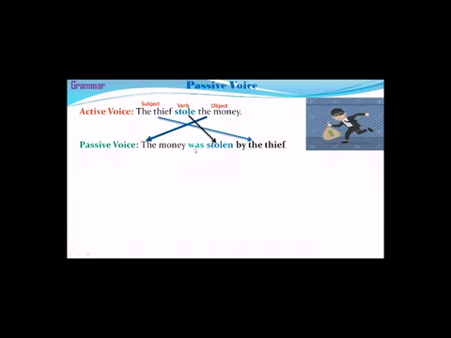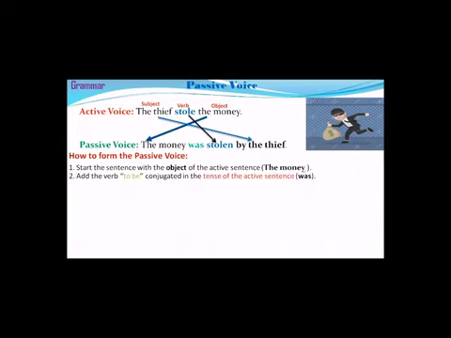Now, how do we form the passive voice? Number 1, we start the sentence with the object of the active sentence. The money here becomes the subject of the passive sentence. Number 2, we add the verb to be, conjugated in the tense of the active sentence. The tense in the active sentence here is the past, so the verb to be here should be in the past. Very good.